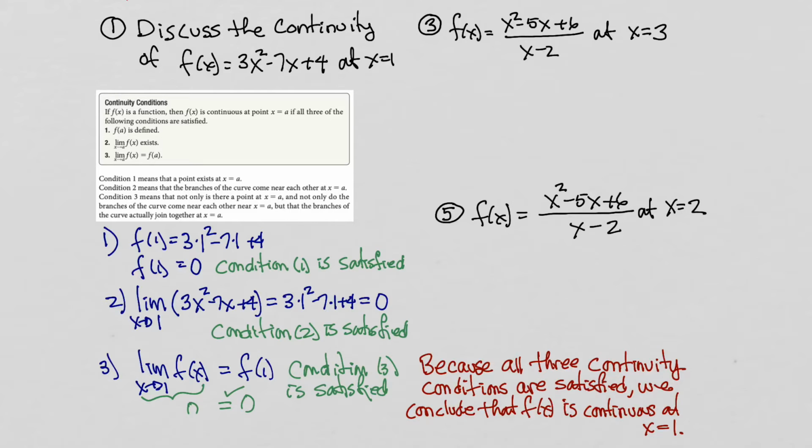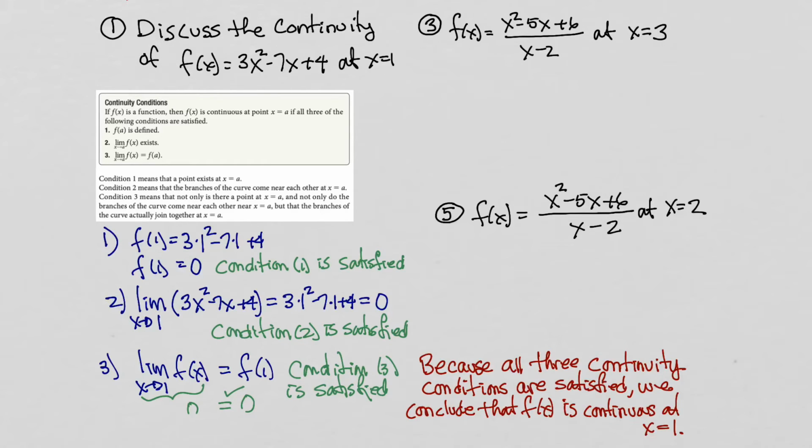Our job was to discuss the continuity of this function. We ran through all three conditions, and they were all satisfied. So now we make a statement that it's continuous, and here's why: because all three conditions are satisfied. We'll say that up front. Because of this, then this.